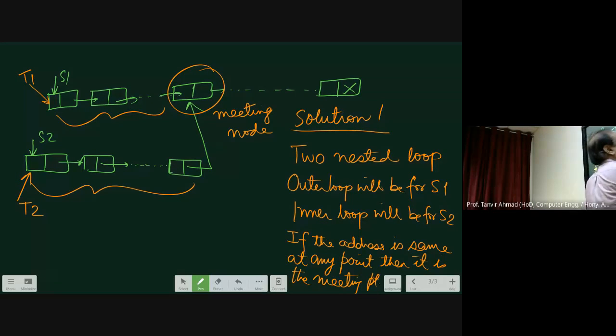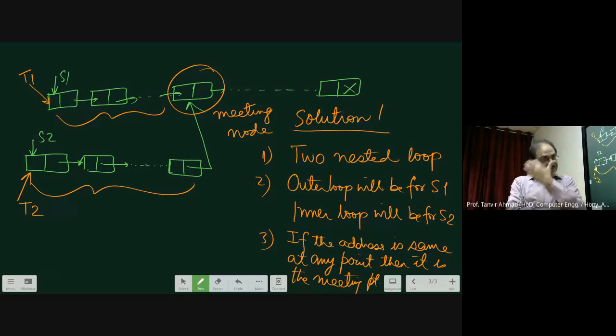Now, in the first, that means what I do is that I will say with T1 at S1, I will try to traverse from T2 to last. That means taking this one as 1, putting T1 at this place, I will just start like this.